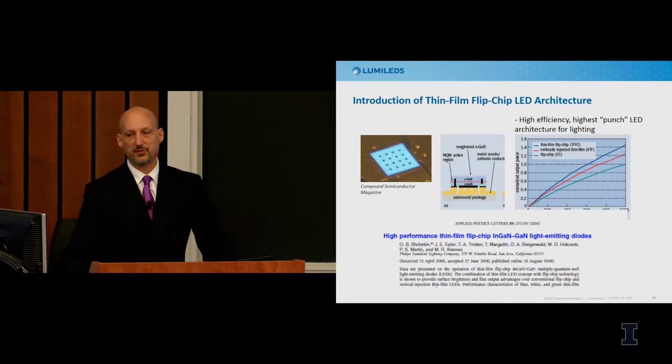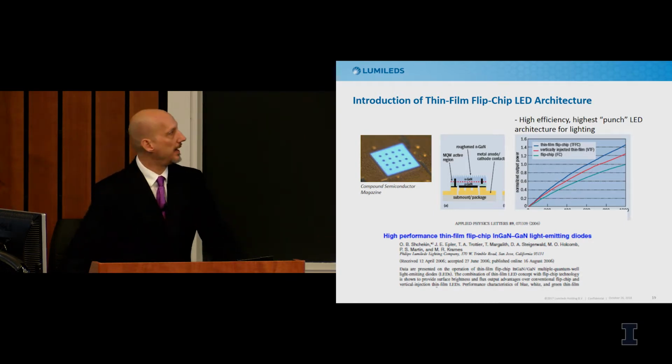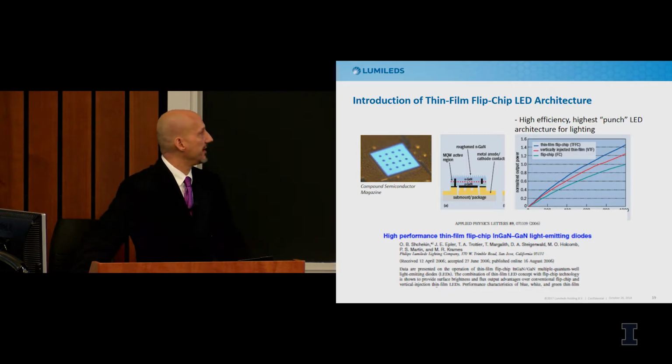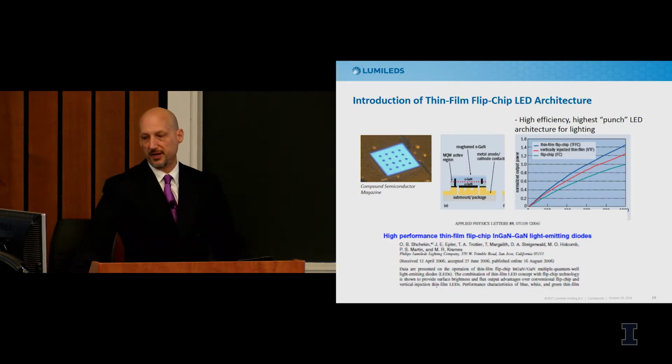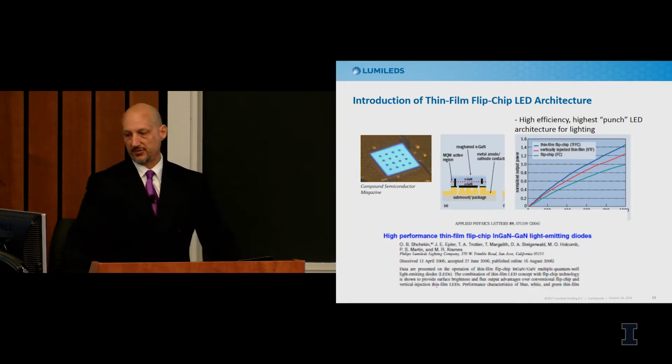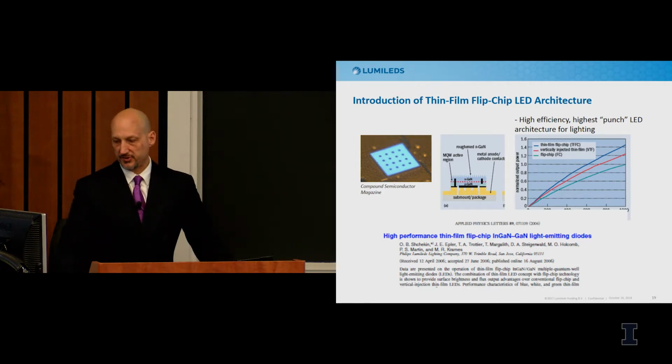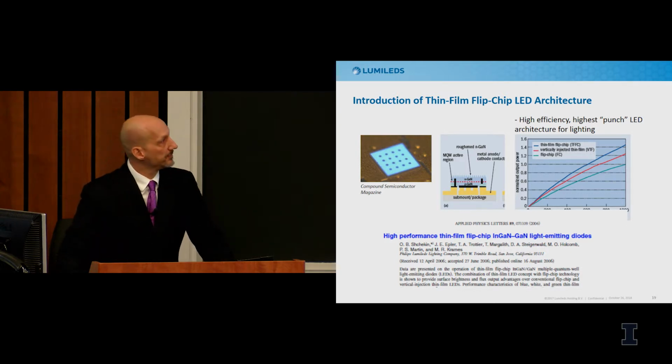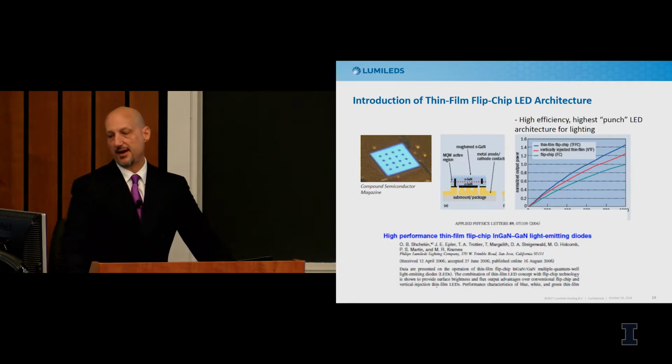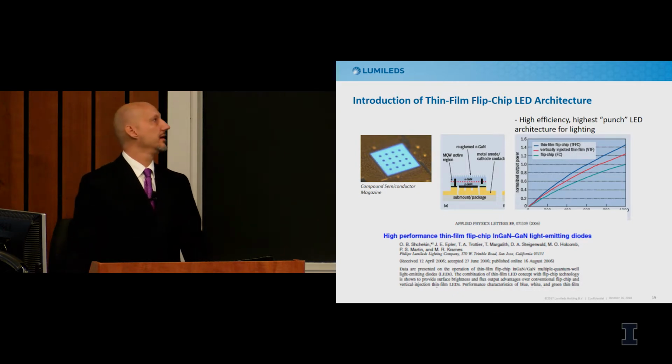This shows some of the work on the most efficient nitride LED structures. This was done at Lumileds, again by some of Nick's students and grad students, including John Epler, Mike Krames, and Oleg Shchekin, who was one of Dennis Deppe's students. This involved removing the sapphire substrate and forming a thin film flip chip on these devices, as well as managing light extraction.